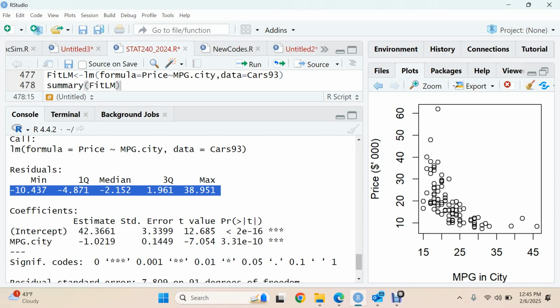If it is symmetric as well, then I expect the maximum value to be the same in magnitude as the minimum, because the minimum will be negative, the maximum should be positive.